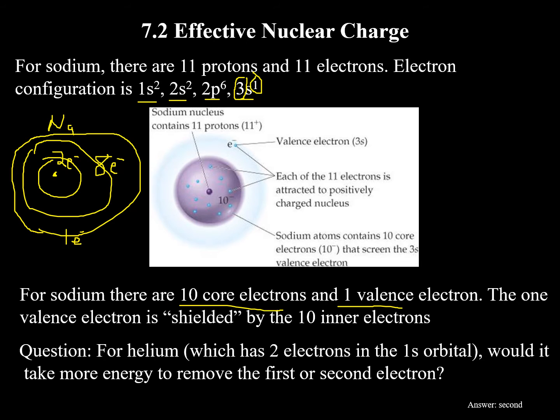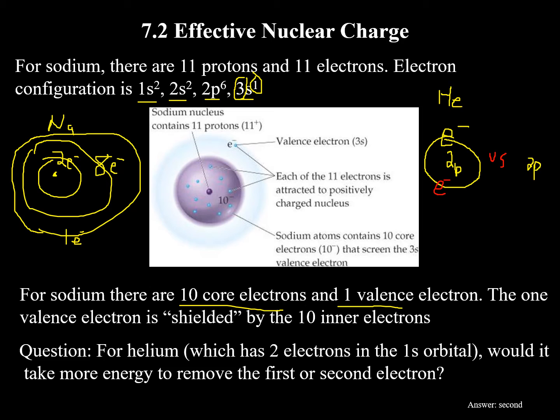So I'll draw for you. If this is helium, it has 2 protons in the middle, and we said it has 2 electrons. So we have 1 electron here, and I'll draw the other one in red. So we have 2 electrons. So the question is this one versus, again, it's 2 protons.